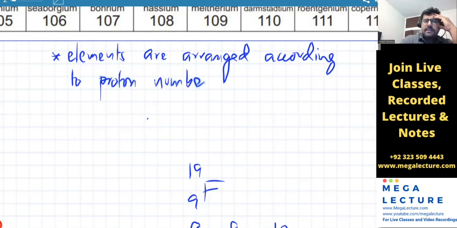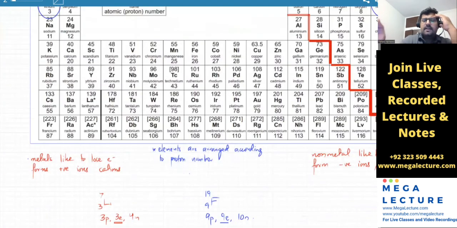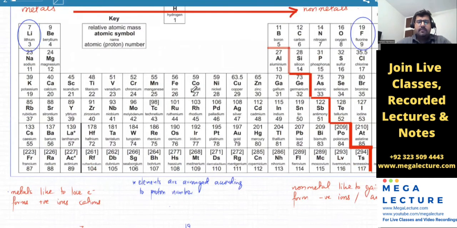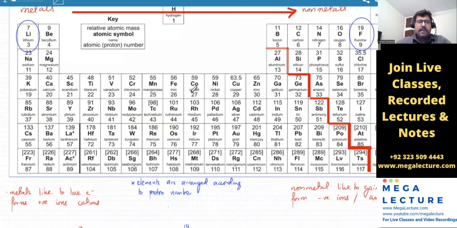Okay, there's another question that they usually ask, which is: how do you know that there are no missing elements in the periodic table? How can you be sure that these are the only elements in the universe? Because you've found an element for each proton number.